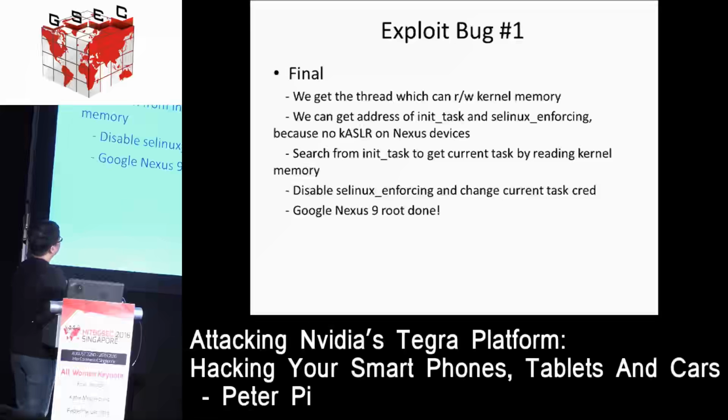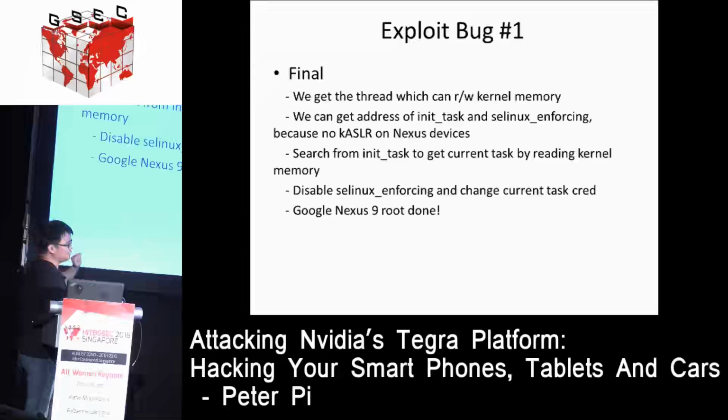We can get the address of init task and SELinux enforcing by analyzing the kernel image, because there is no ASLR on the Nexus device. I search from init task, because every task is linked into the init task.